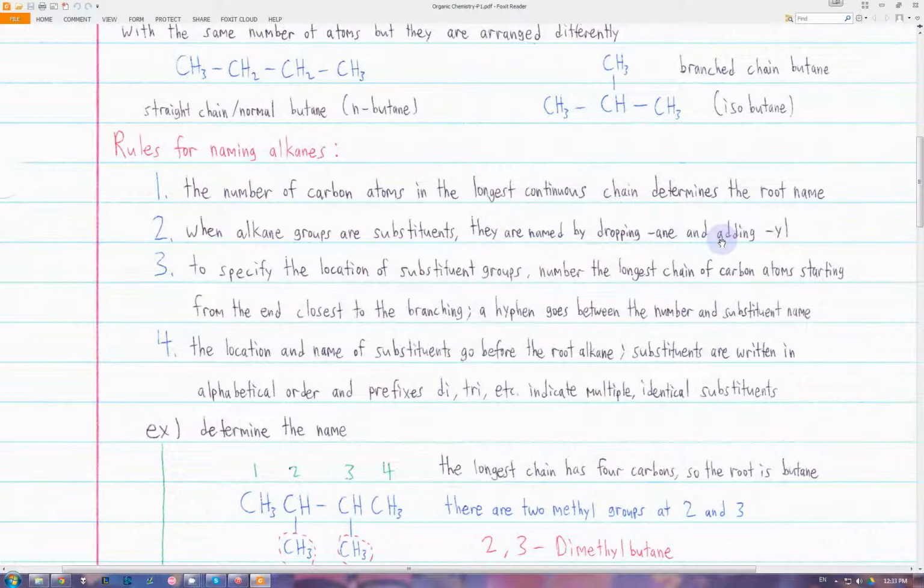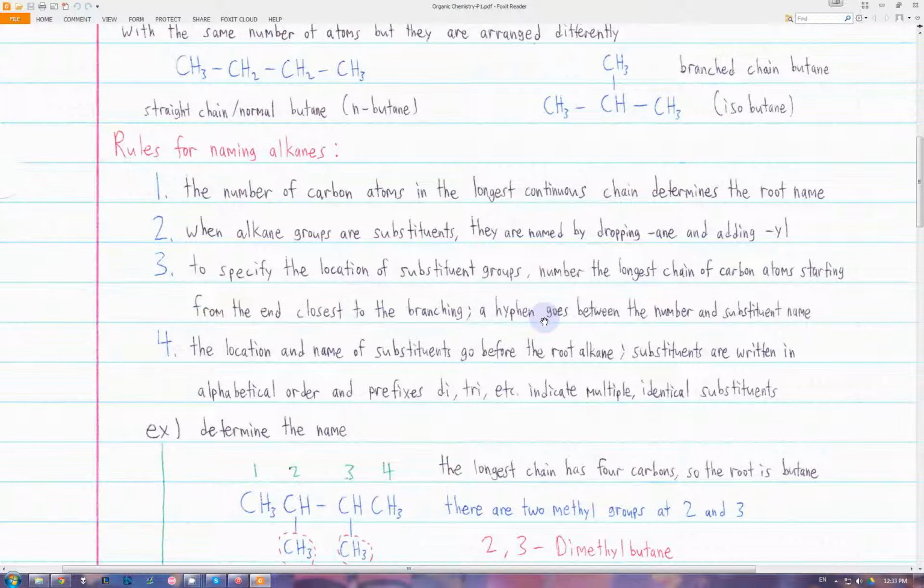And then we need to specify the locations of these substituent groups. And first, to do that, we have to number the long main chain of carbon atoms. So we give each carbon a number, starting at the end which is closest to the substituent group. We want the substituent groups to have as low a position number as possible.